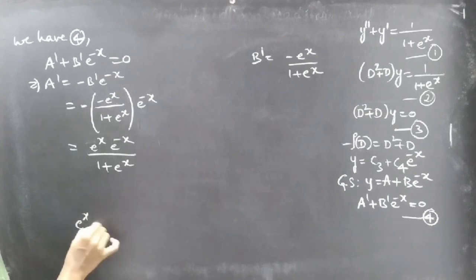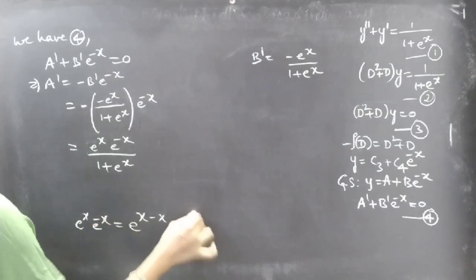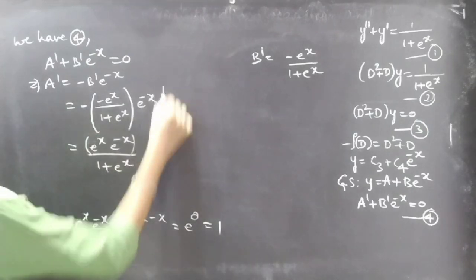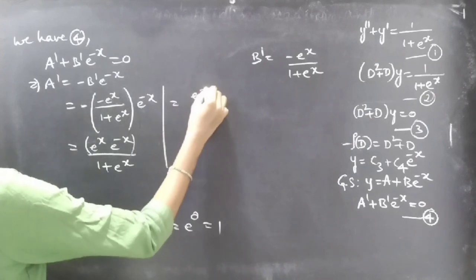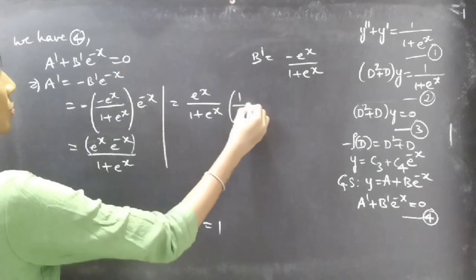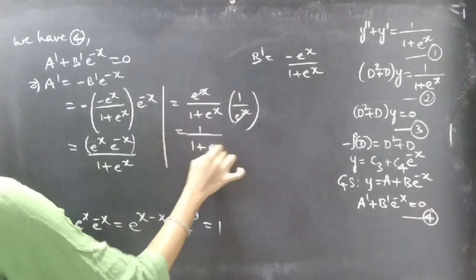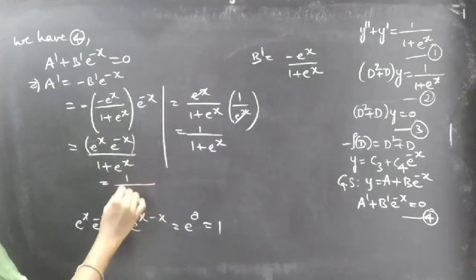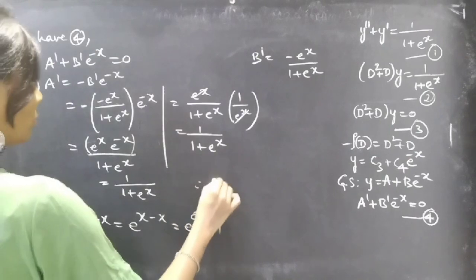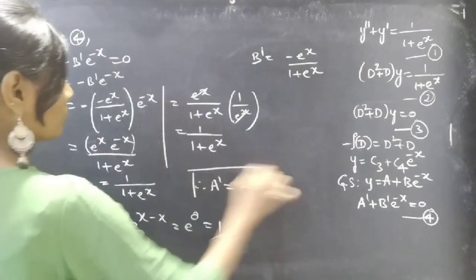If you consider e power x into e power minus x, we can write it as e power x minus x, which gives us e power 0. Since e power 0 is 1, we can replace this term with 1, or write e power minus x as reciprocal of e power x. Now cancel e power x, then we'll get 1 by 1 plus e power x. Okay. So finally, a dash equals to 1 by 1 plus e power x.